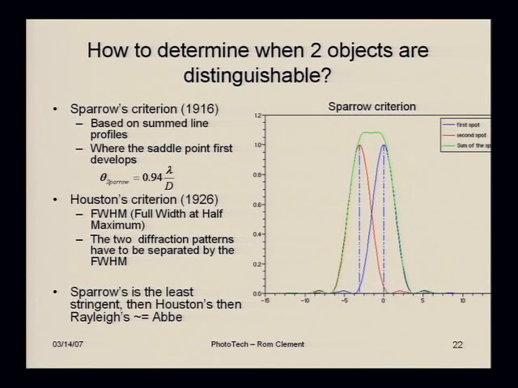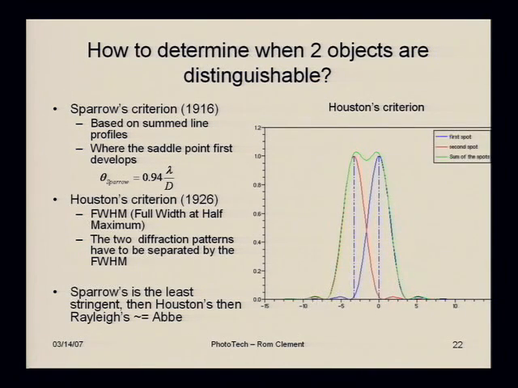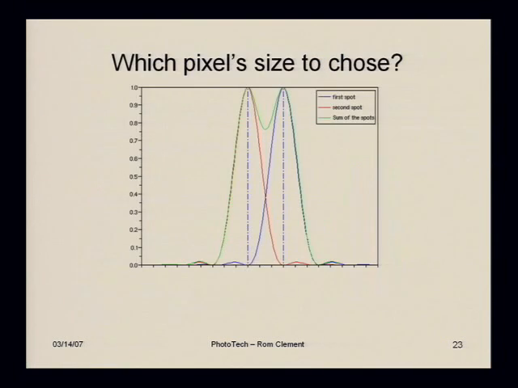And there is a fourth one, the Houston criterion, which is based on the full width at half maximum. So again, it's a little bit different, but generally speaking, you have the idea that using these criteria, I have an angle under which there is no way for me to tell or to get more information.